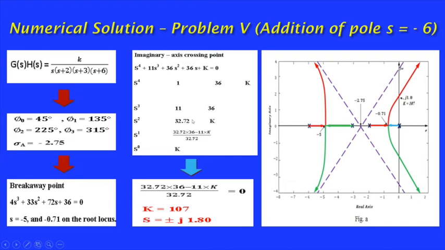32.72 s² + K = 0. Put K equal to 107. Then s equal to plus or minus j1.80.